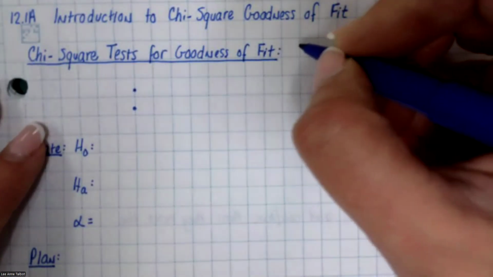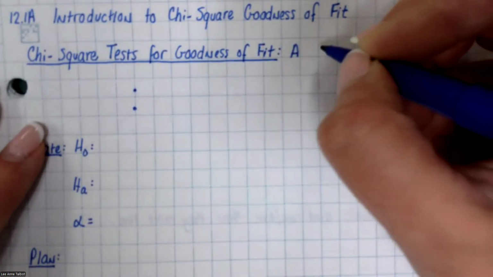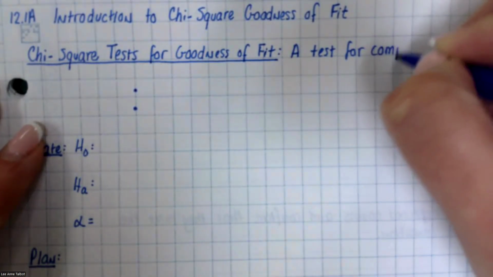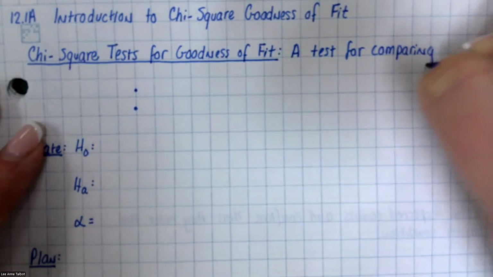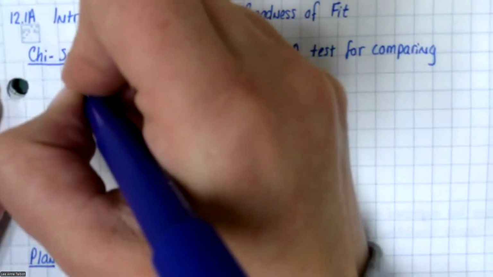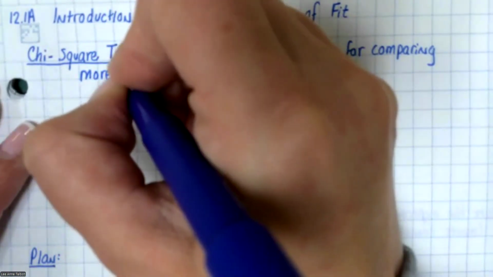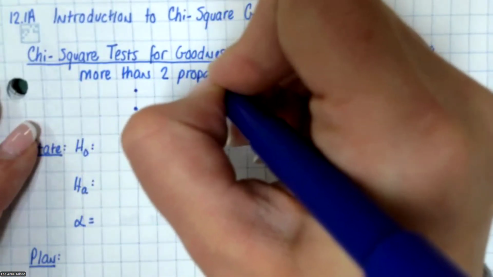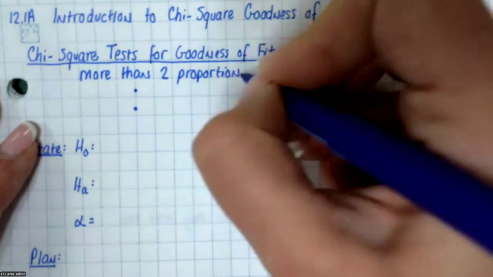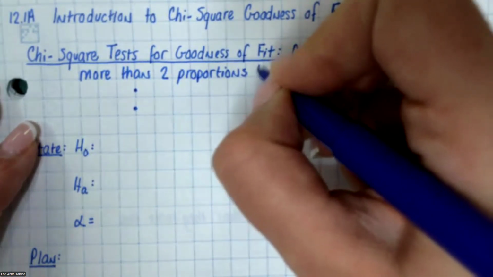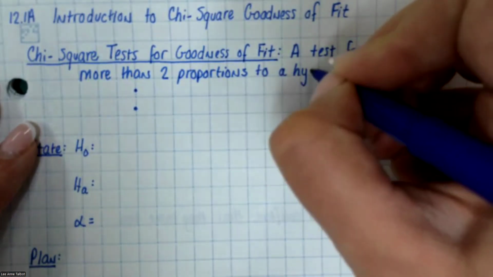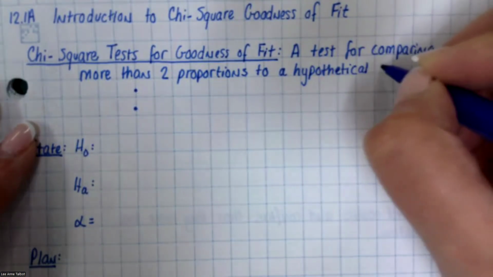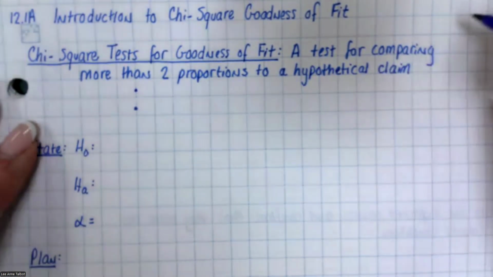But chi-square test for goodness of fit is a test for comparing more than two proportions to a hypothetical claim.